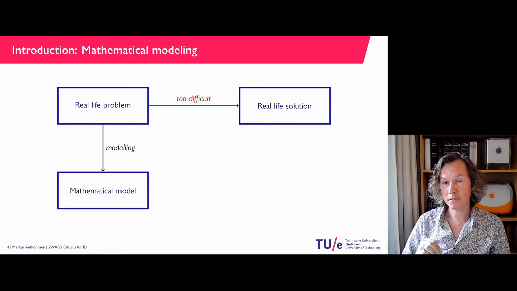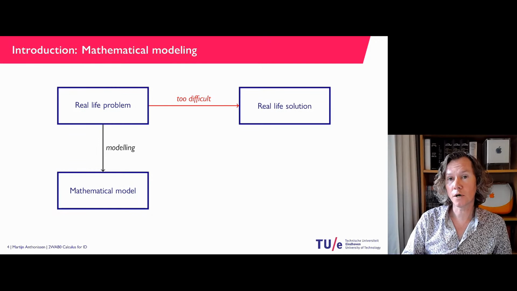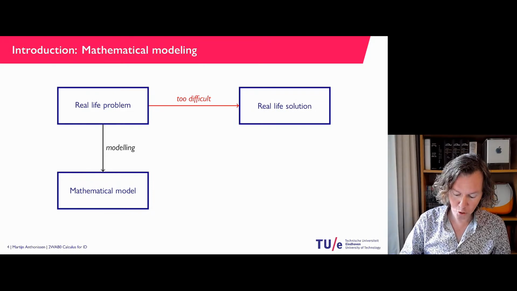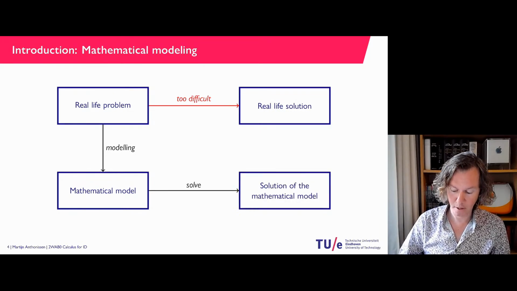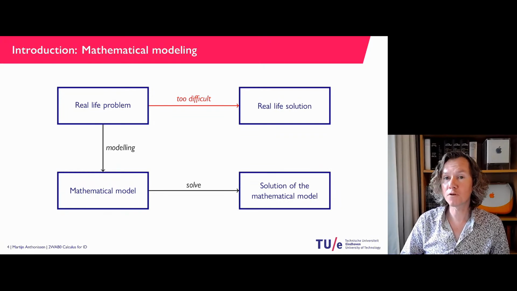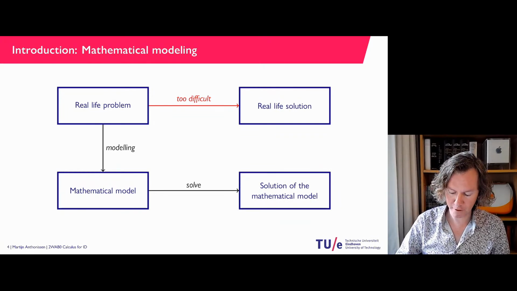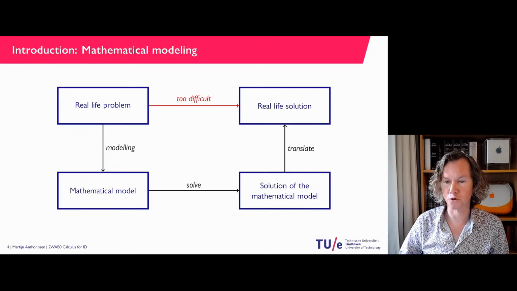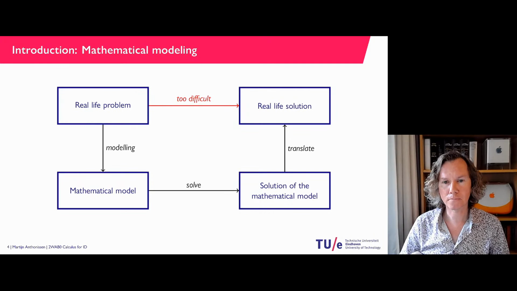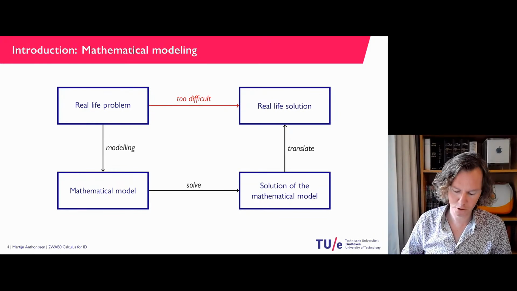If you can do that and you find mathematical equations, then there is a whole literature of work that has already been done that can hopefully help you solve your mathematical model. If you have a solution of this mathematical model, hopefully you can then translate that back and find a solution to your real life problem. So that's in a nutshell a kind of modeling step. And indeed calculus is important for this too.